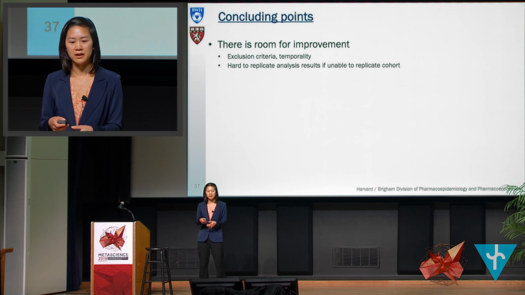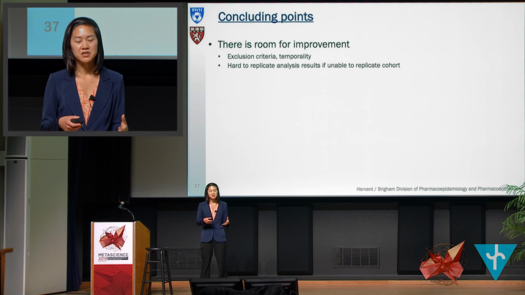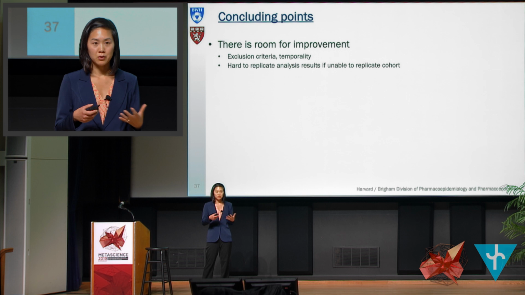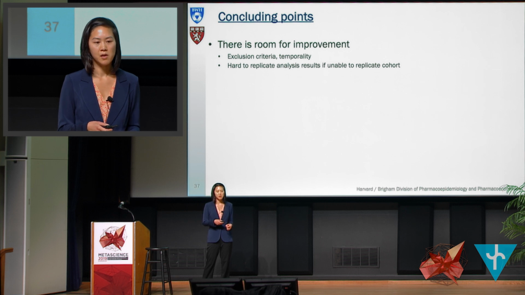That's very frequently provided, but how follow-up starts and ends is often unclear, especially when studies report censoring on exposure discontinuation. For those studies, we often had to make a lot of assumptions, and obviously those assumptions affect which outcomes are counted. And it's really hard to replicate an analysis result if you can't replicate the analytic cohort.